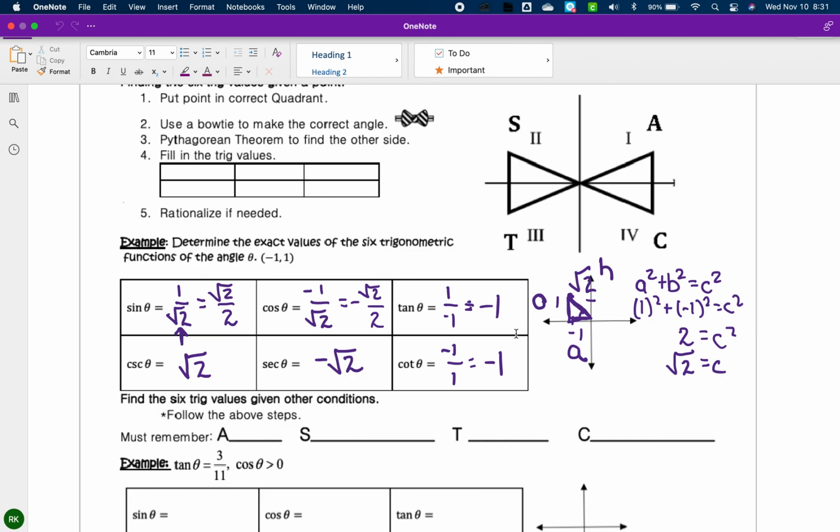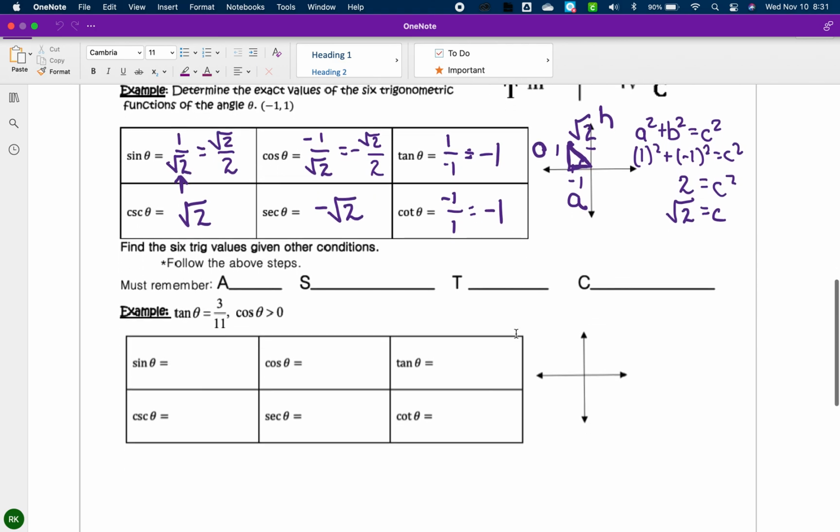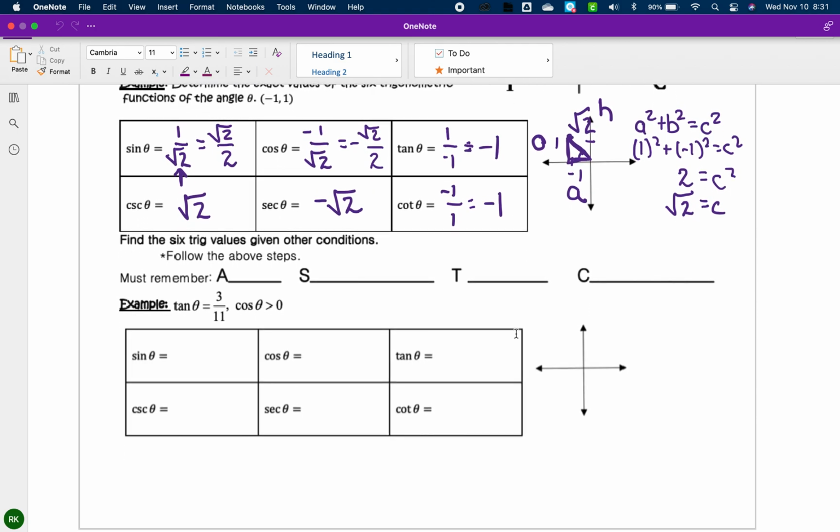Okay. One more example. Sometimes we're given a situation and told to figure out everything from there. So a memory trick that I have for you is all students take calculus. It may not be a true statement, but it's going to help us. That tells us what is positive in each quadrant.